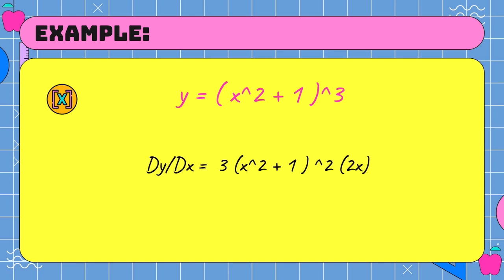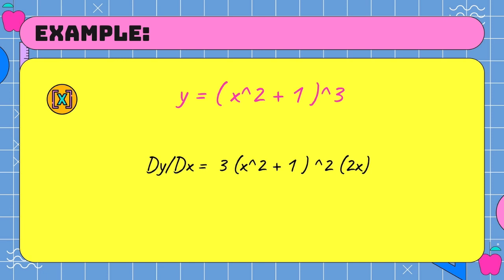The main equation for the first example was y equals (x squared plus 1) cubed. So first thing we will do is we'll find the derivative. So first thing we'll do is we'll take the power down. So it's 3, and then we'll take the exact same inside function, which is x squared plus 1. We'll put the exact same, we won't change anything. And then for the power, we will take the same power, but we'll minus 1.